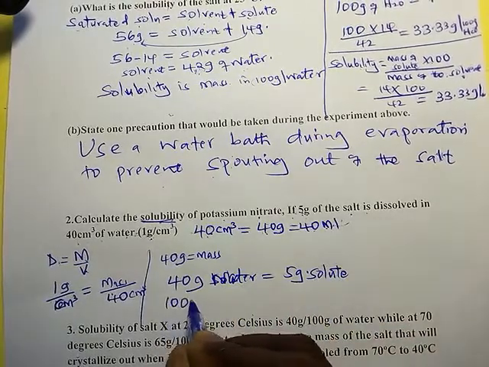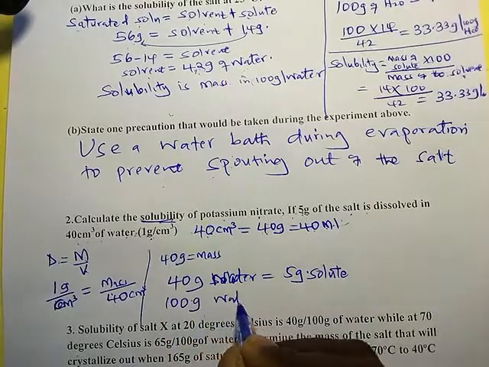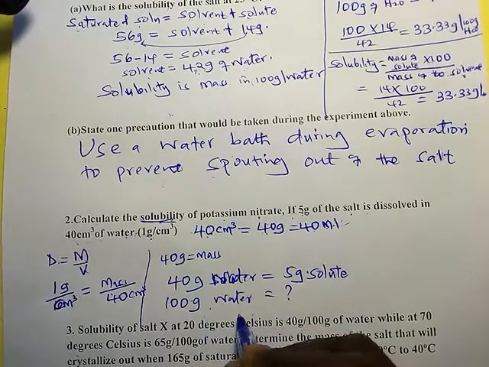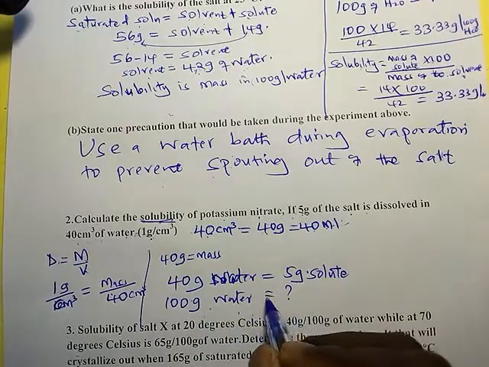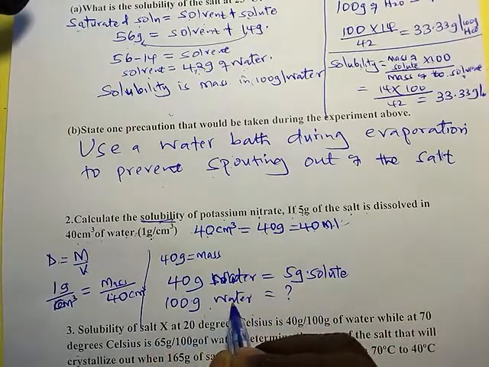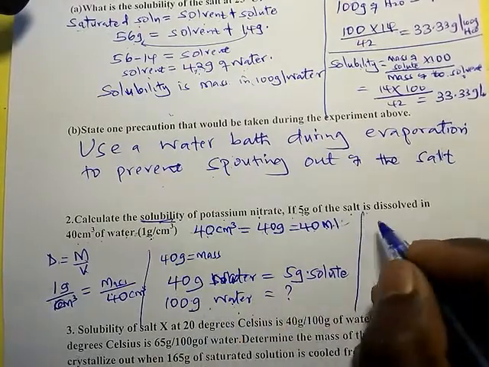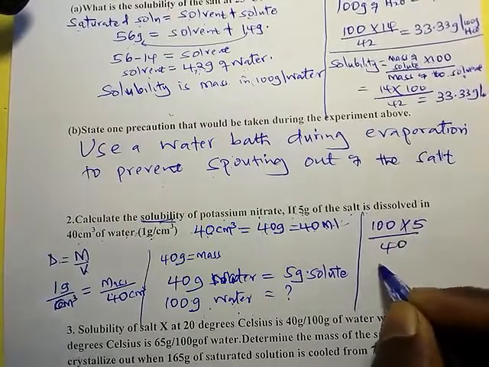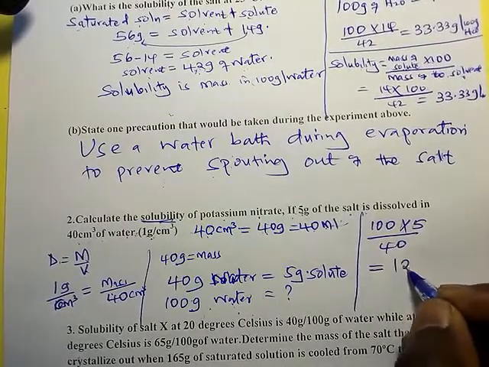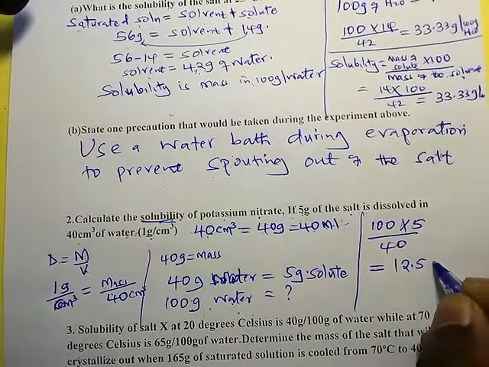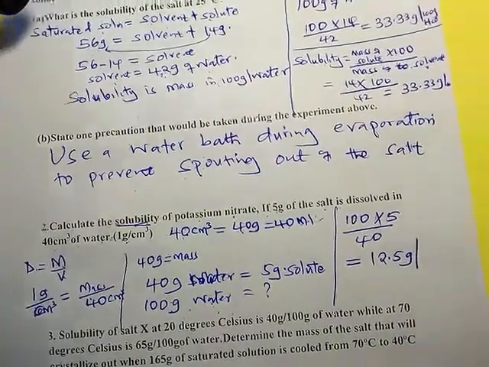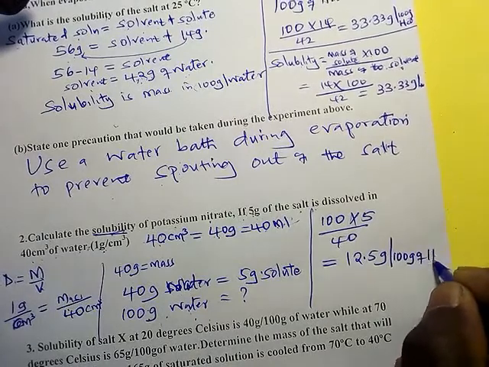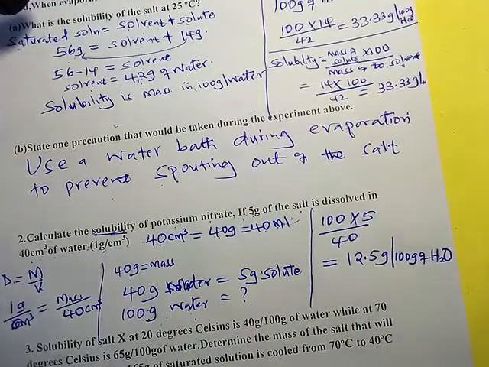What will 100 grams of water contain? Because solubility is the mass that is needed to dissolve in 100 grams of water to form a saturated solution. So this is 100 times 5 divided by 40, and this will give us 12.5 grams per 100 grams of water, and that is the solubility.